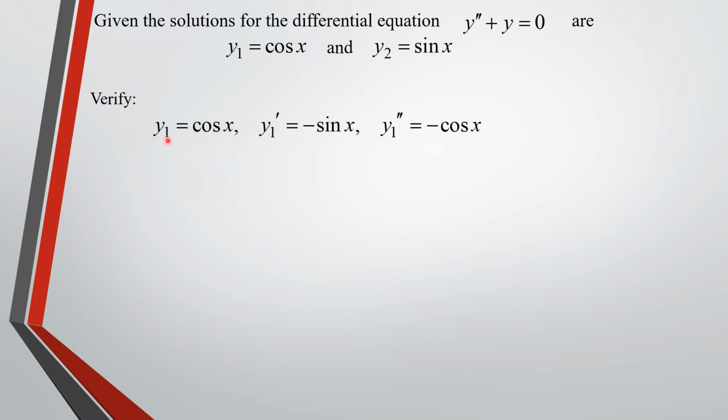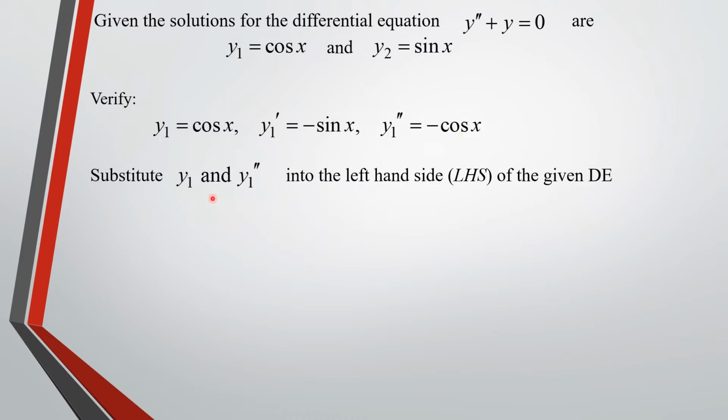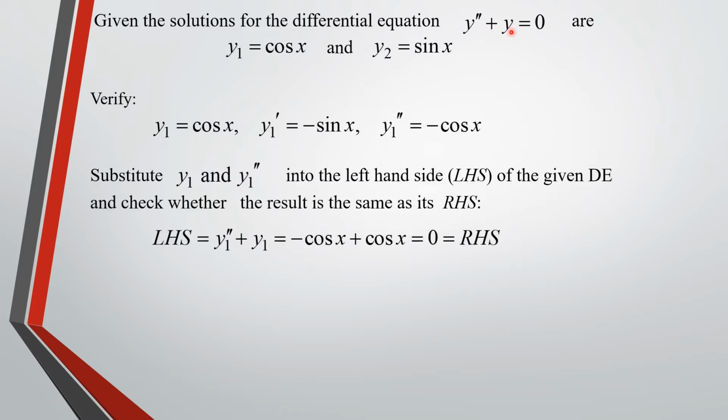If y1 equals cos x, we differentiate y1 with respect to x twice, because the DE is of second order. So y1 prime is negative sin x, and y1 double prime is negative cos x. The next step is to substitute into the left hand side of the DE.